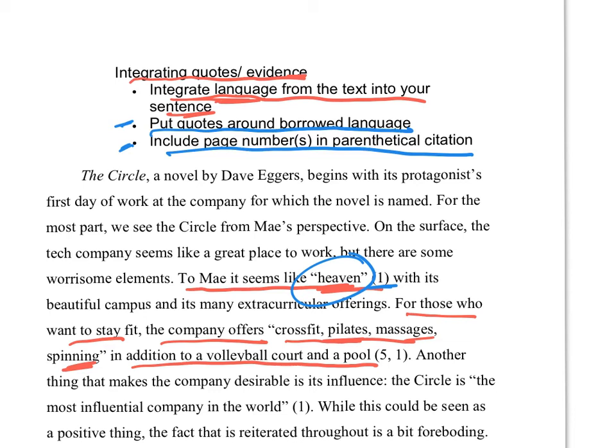We're seeing the same thing for the next sample, where we have the terms CrossFit, Pilates, massages, and spinning. Those terms in that order are taken directly from the text, and that is indicated by the quotation marks. In this case, the parenthetical citation is at the end of the sentence. So these words take place on page 5.